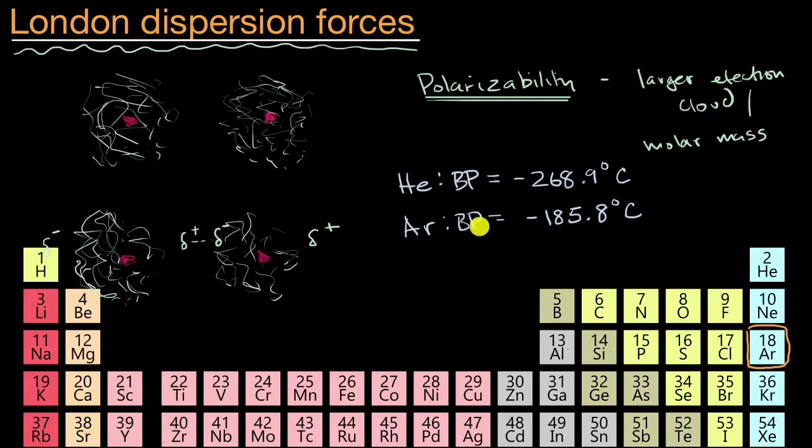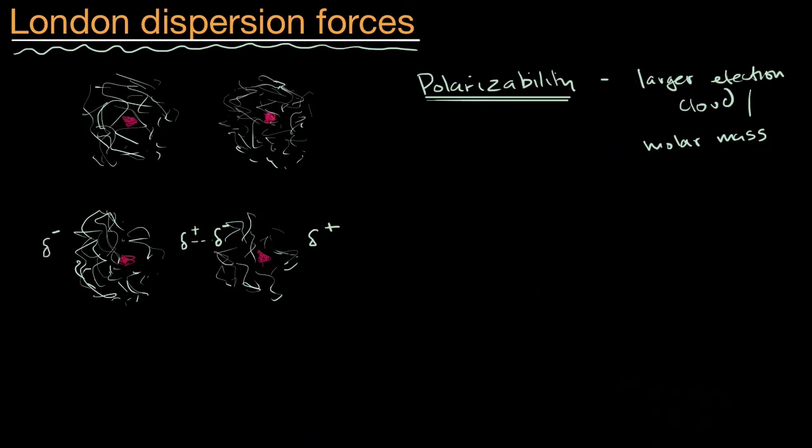But that doesn't happen for argon until a good bit warmer, still cold by our standards, and that's because it takes more energy to overcome the London dispersion forces of argon, because the argon atoms have larger electron clouds.